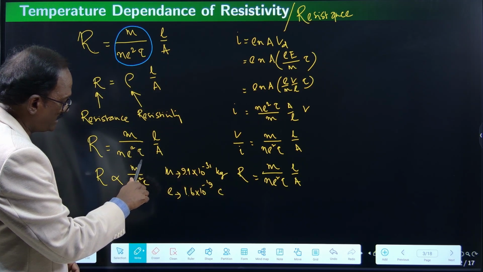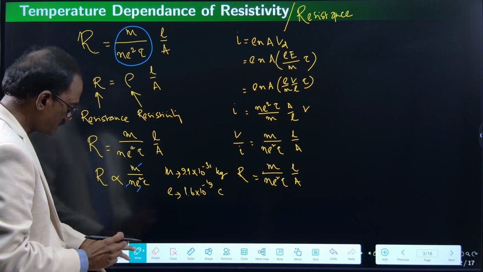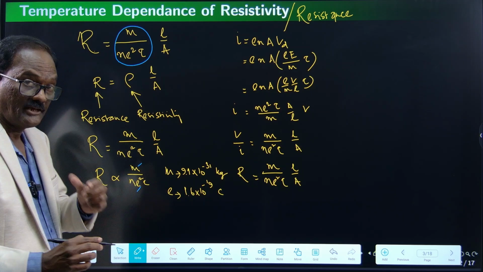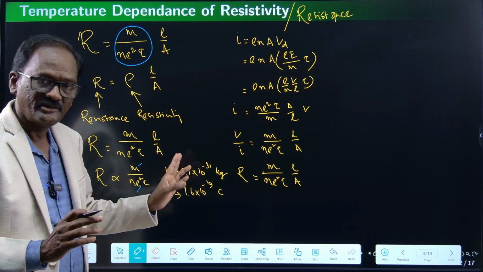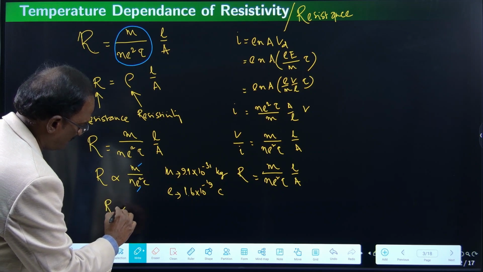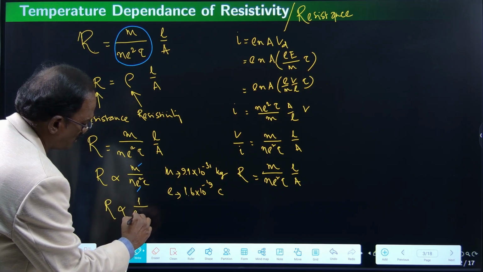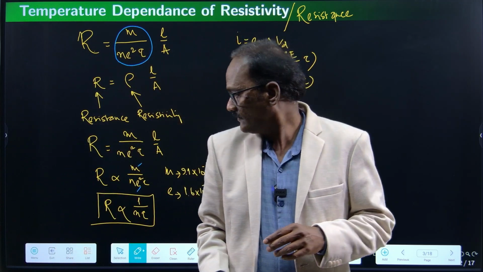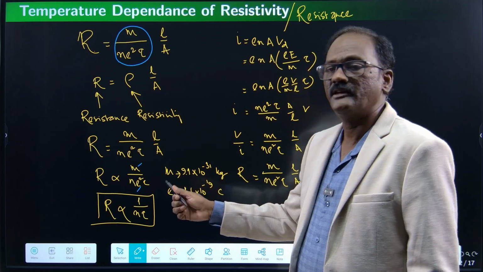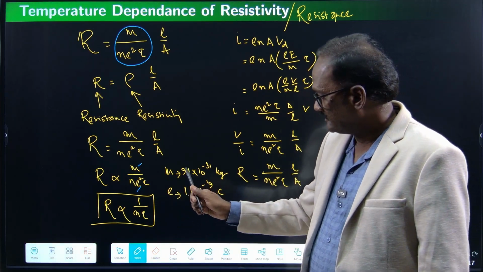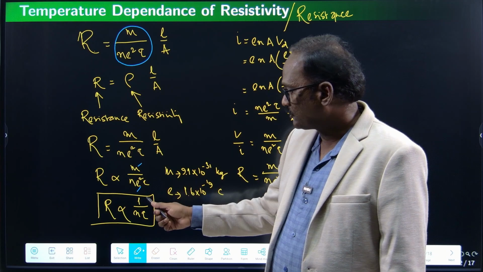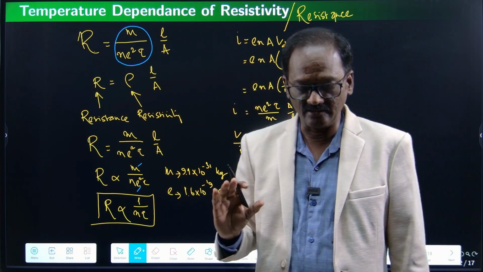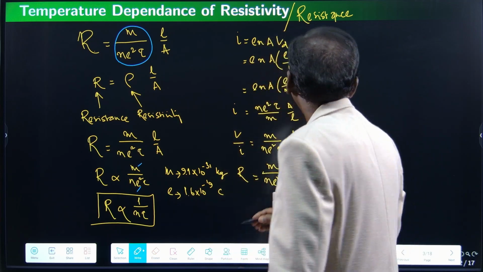So m and e are going to be these numbers. Then I have the expression R is proportional to 1 upon n into tau only. This is the expression we are going to use to discuss the temperature dependence of resistivity or resistance.